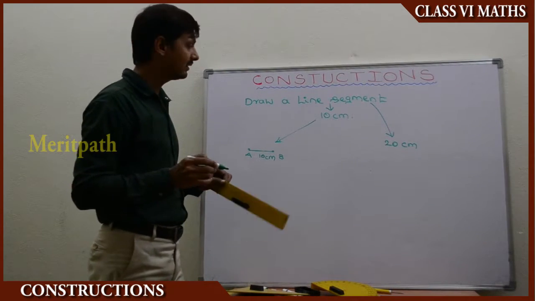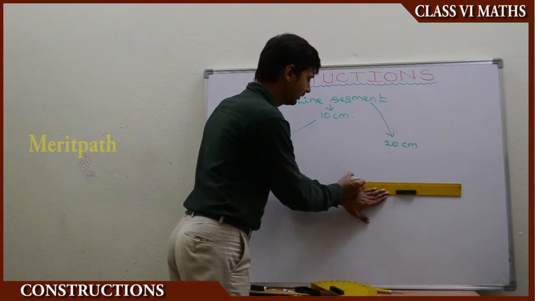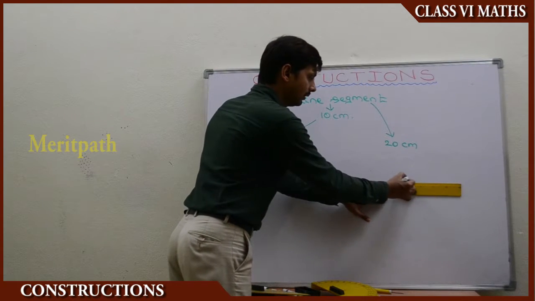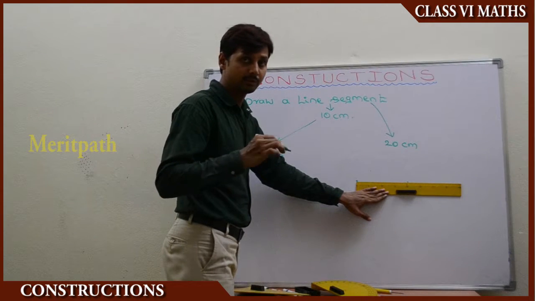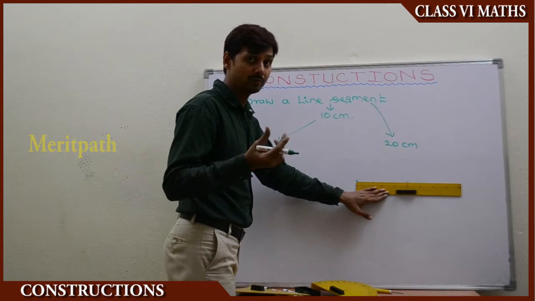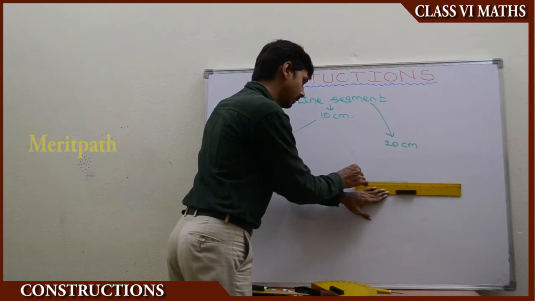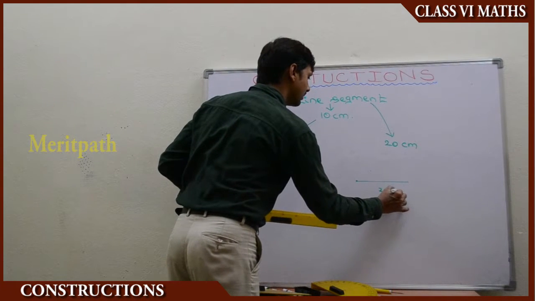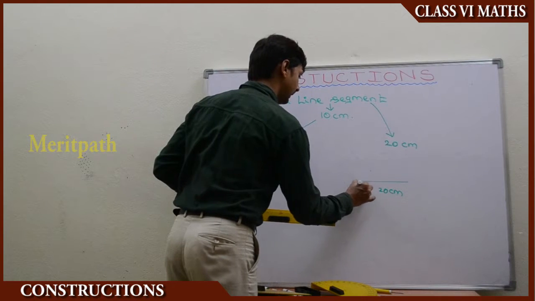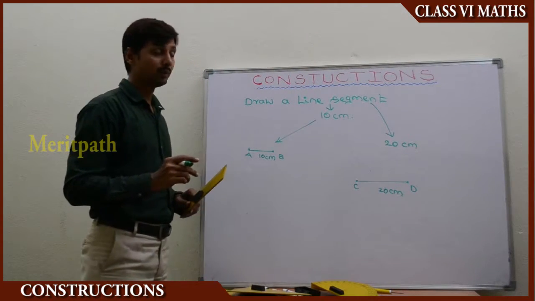Let's draw for 20 centimeters, starting with 0 and going to 20. Between these two values is 20 centimeters. So join these two points. We get a 20 centimeters line segment, name it as CD.